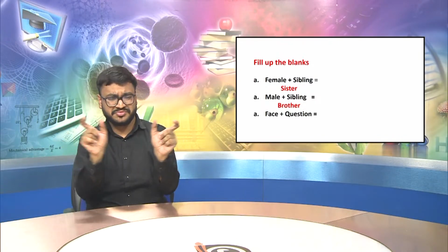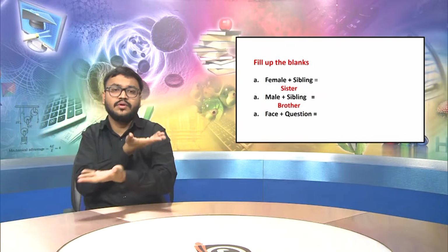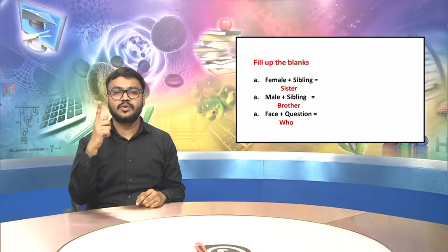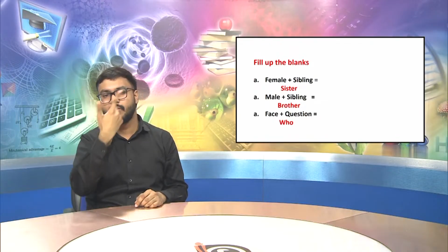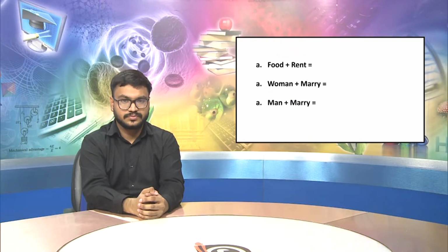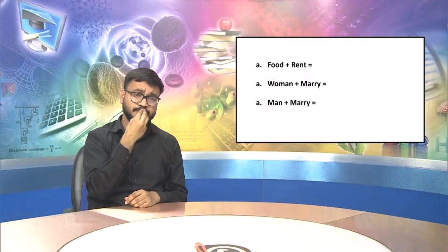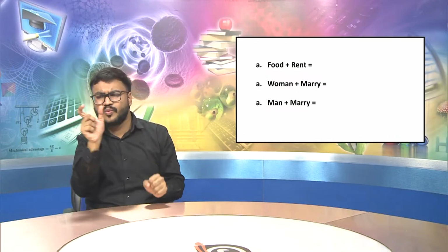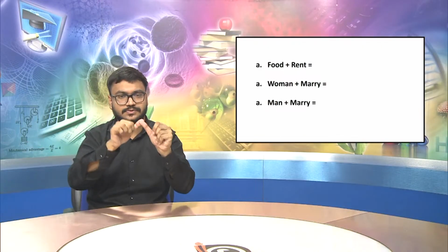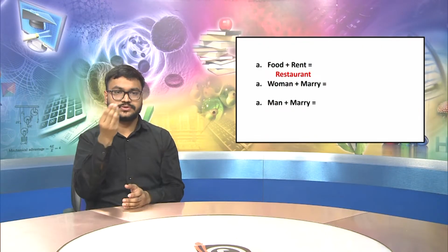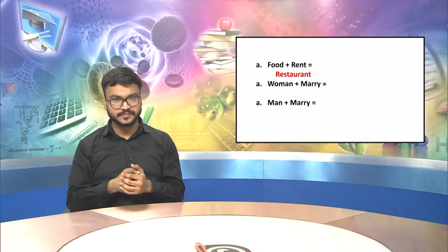Third, face plus quotient. Combining that, we get the sign of who. The word food along with rent, combining them, we get the sign of restaurant.